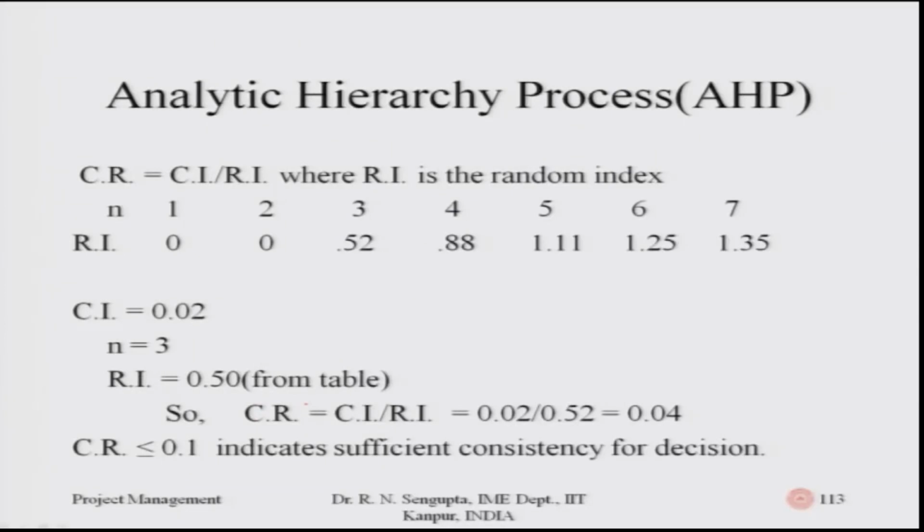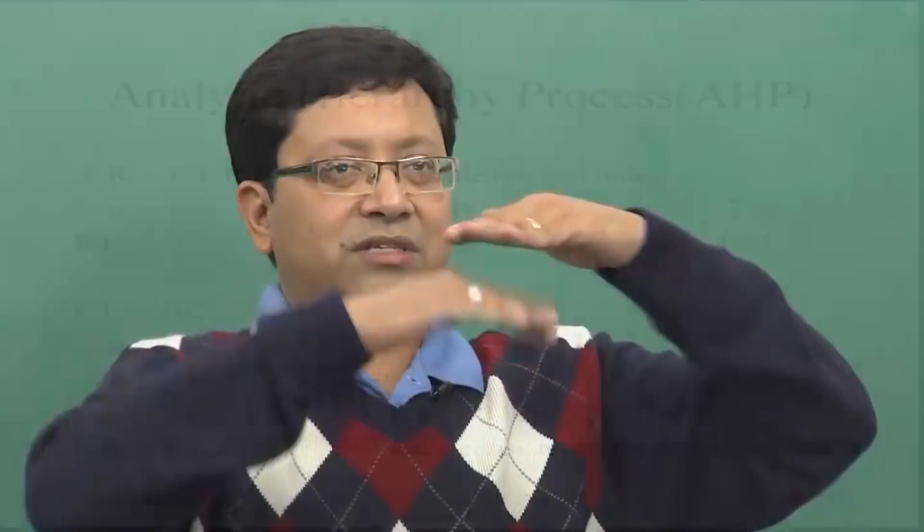Now, consistency ratio is basically the ratio of the CI index by RI. RI values are the random index which are given in the literature. N means the number of observations I have, 1, 2, 3, 4, depending on the number of such criteria I have in any level. I am not combining different levels; primary, secondary, tertiary are separate.